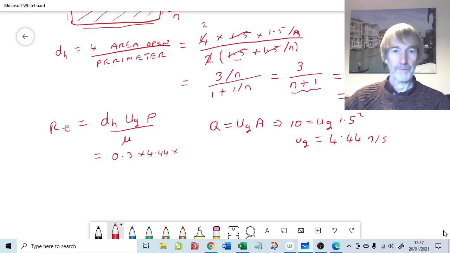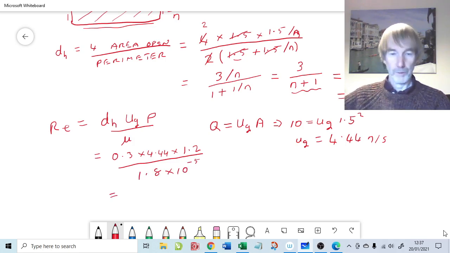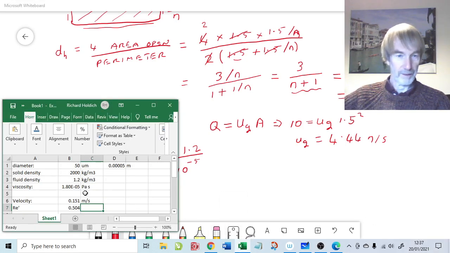We have our density of the fluid as 1.2 kilograms per meter cubed, and we have our viscosity of 1.8 times 10 to the minus 5, and that obviously makes life quite difficult because that is such a small number. We're going to have a problem because the Reynolds number is going to be very high.